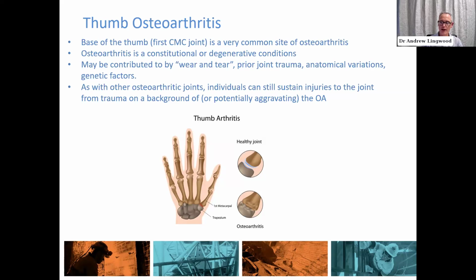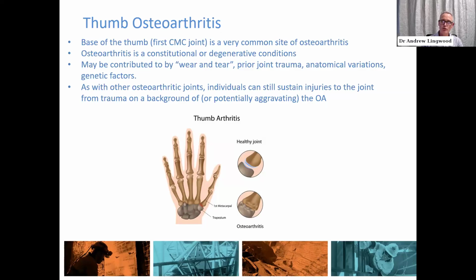So we get this notion of post-traumatic arthritis, where the injury has resulted in a greater or faster degree of arthritis than otherwise would have been the case. But it is primarily an underlying condition. And as I said, this is a really common place for it. Because it's a really common place for it, we do commonly get referred workers' compensation claims for here.